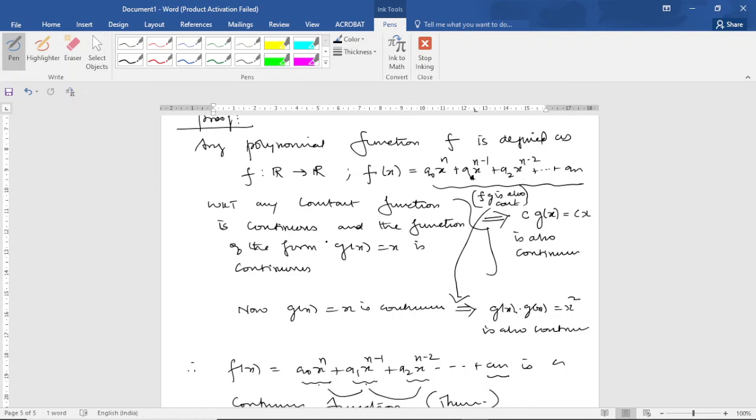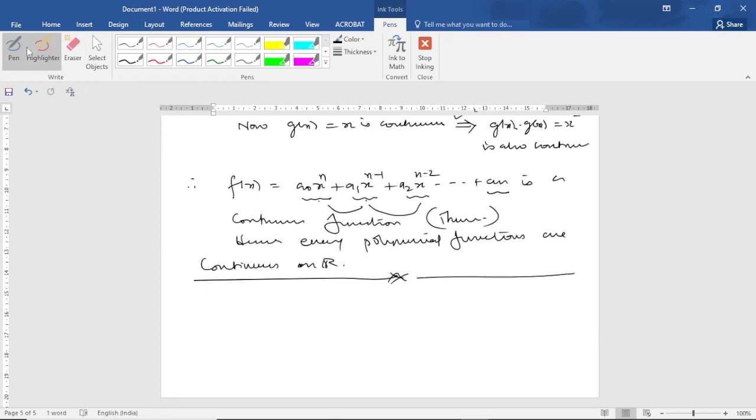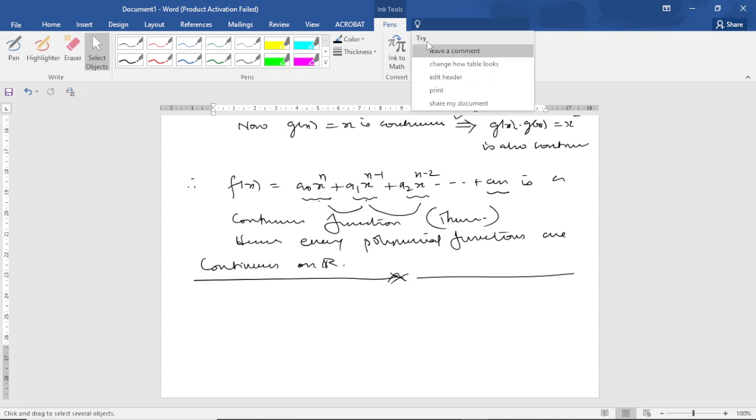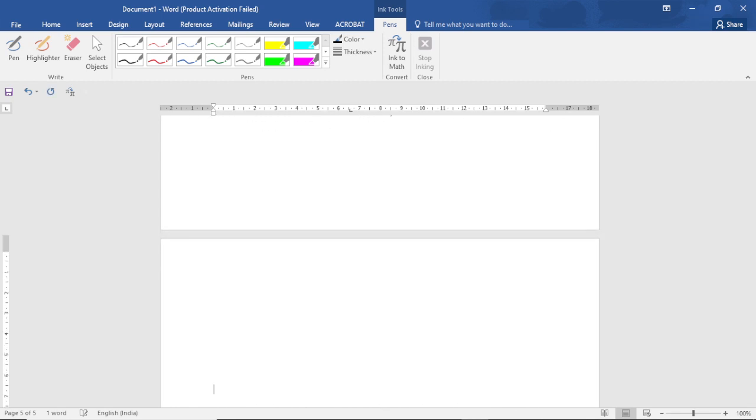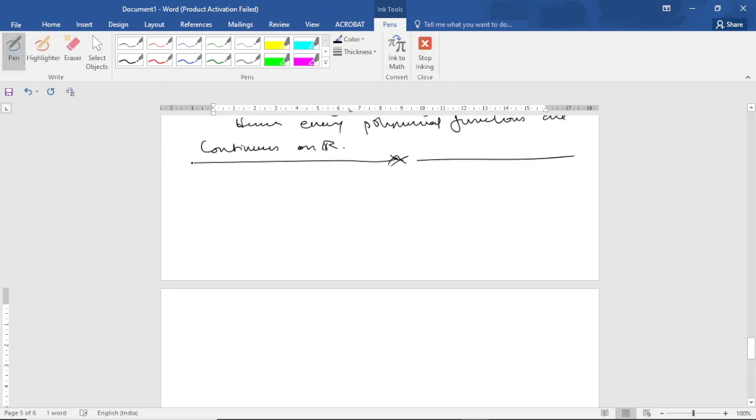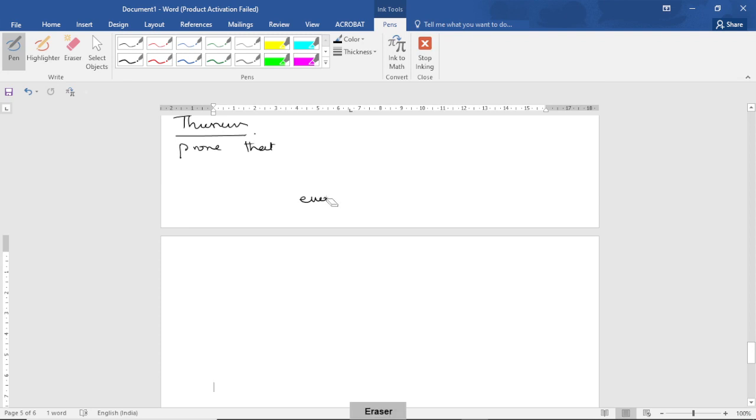and the final part of this section is: prove that every function defined on RD, every function from RD into any other metric space, is continuous on RD.